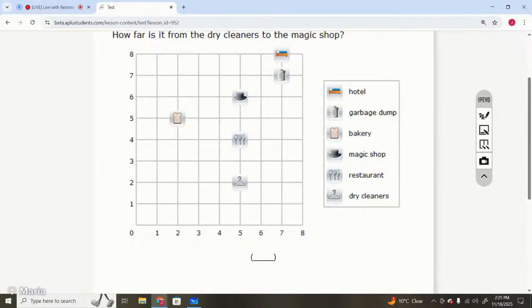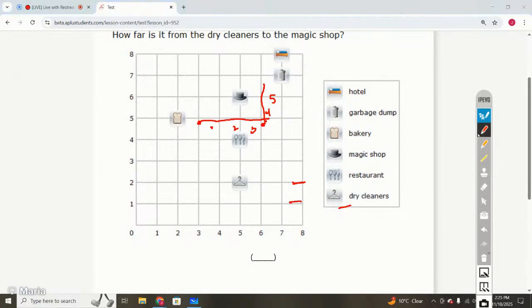How far is it from the dry cleaners to magic shop?